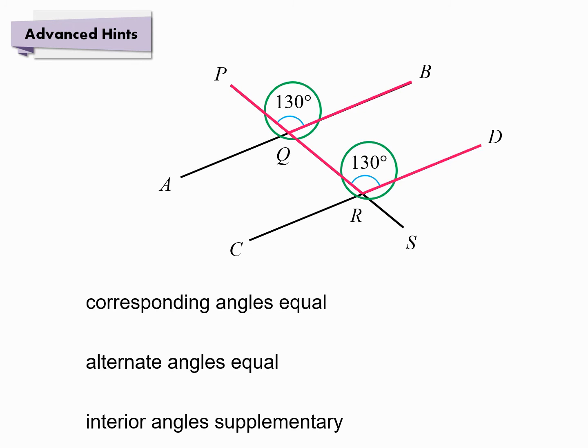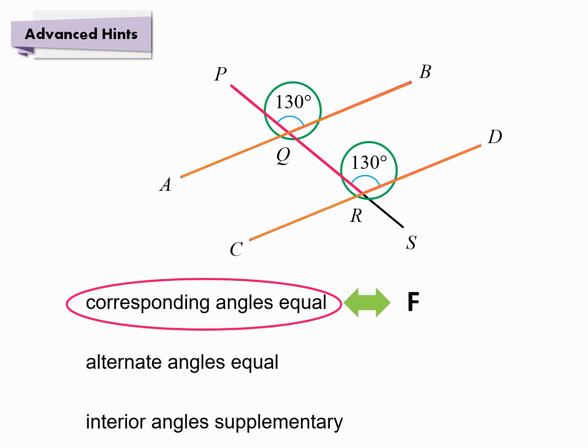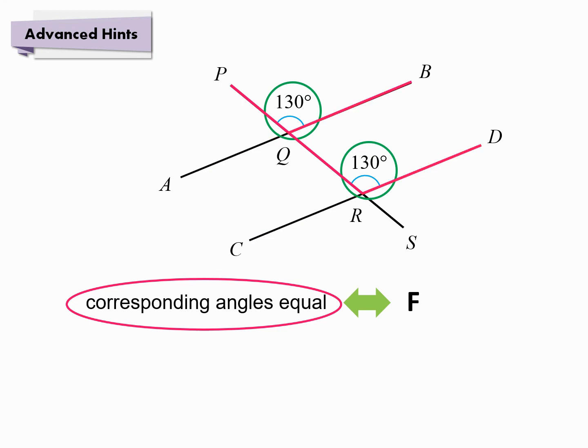We see that this is an inverted letter F. According to the skill we introduced before, letter F represents corresponding angles. So we will use corresponding angles equal to prove that AB and CD is a pair of parallel lines. We will answer like this.